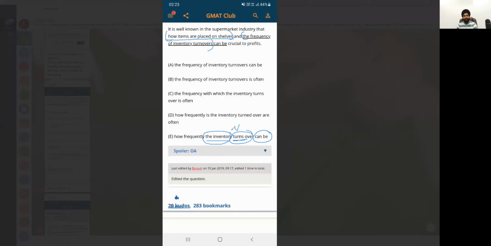So the verb appears after the subject in a noun clause. Now in option D, the verb appears before the subject, inventory. The subject is inventory, the complete verb is "turned over", but a part of the verb is appearing before the subject.